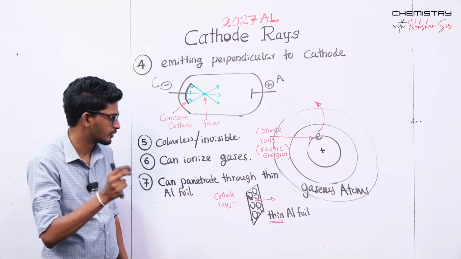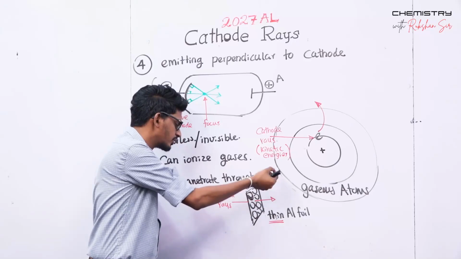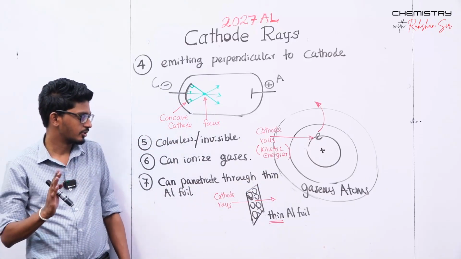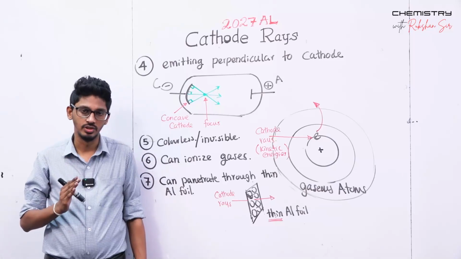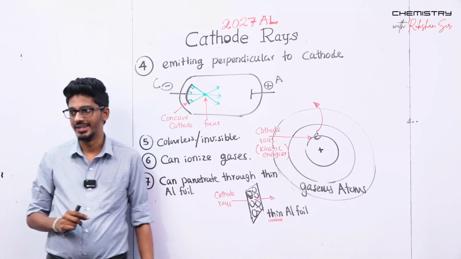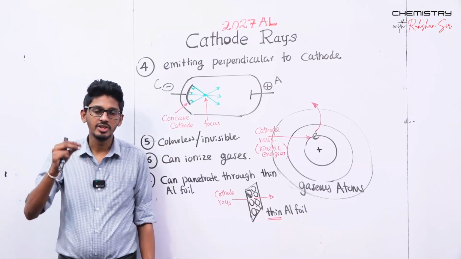So cathode rays are able to go through very thin aluminium foils, very few atomic layers. Okay, that statement should be known. Then there could be a question like this.